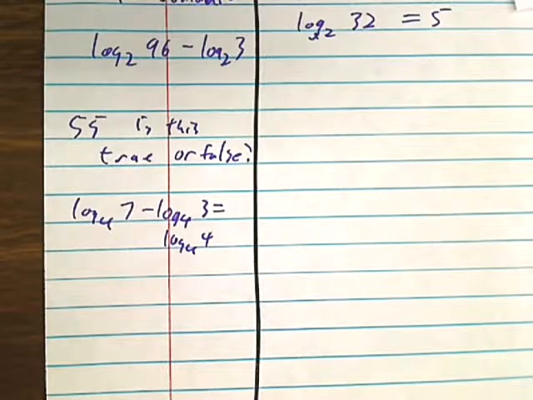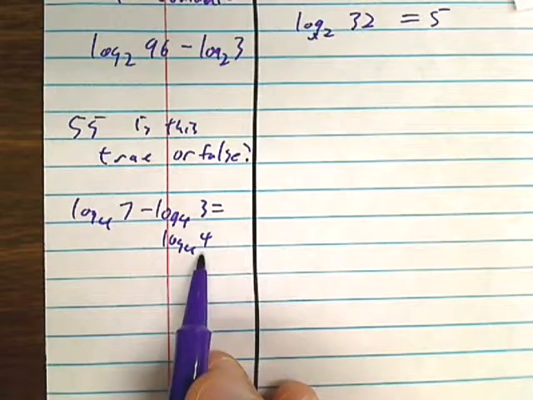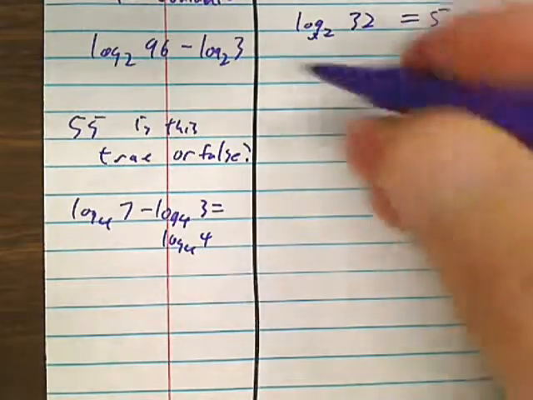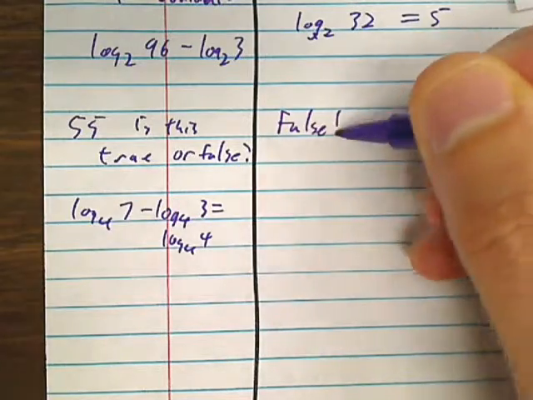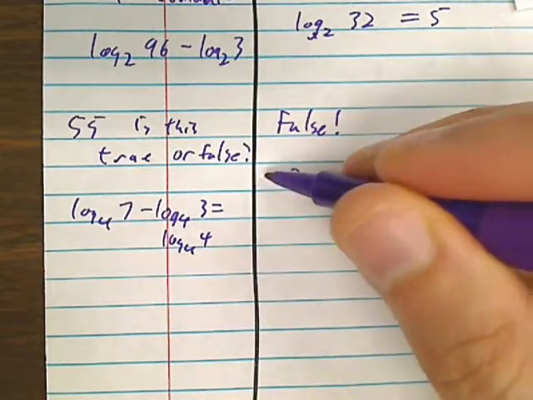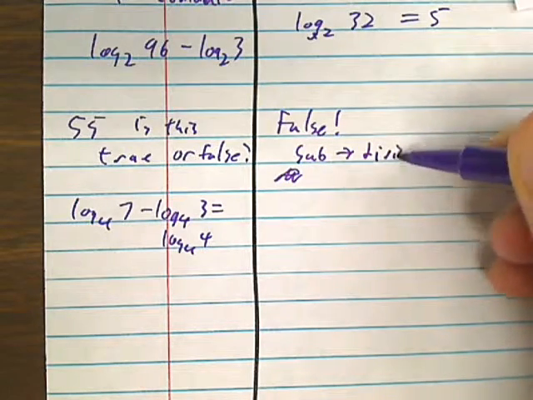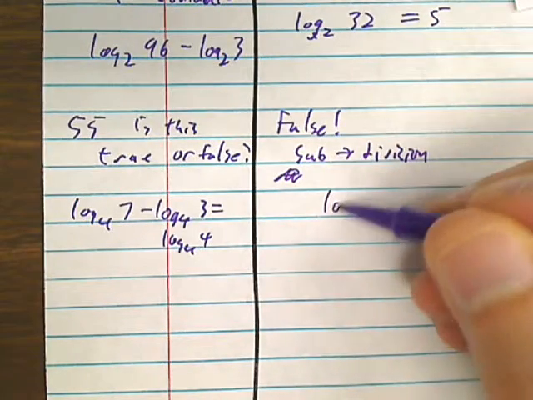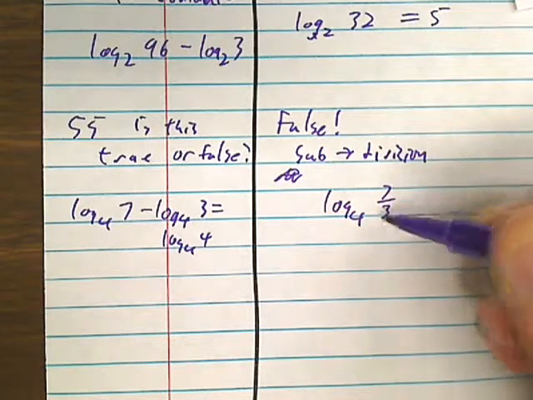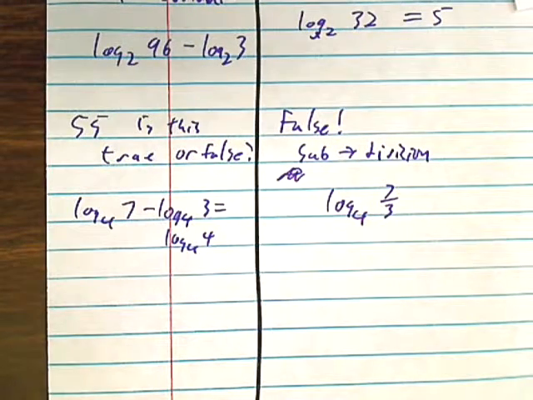Again, looking at our properties of logarithms, they took 7 minus 3 and got 4. Well, that's not what you do. So I would say false. Subtraction becomes division, so it should be log base 4 of 7 over 3. So this is false, and I use the property subtraction becomes division to combine them together appropriately. So that's what it should be.